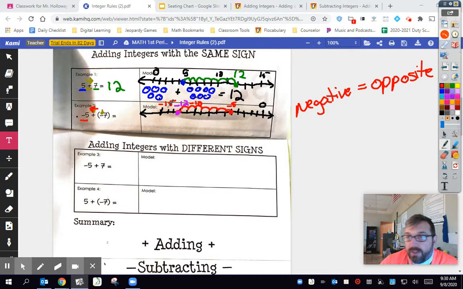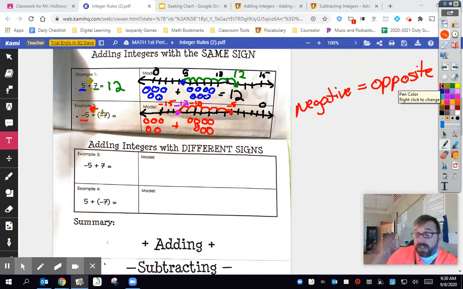Now, I can show this with number counters. I'm going to use red number counters this time because red typically represents the negative. So I have 5 negatives plus 7 negatives. If I'm counting positives, I just count them as is, and life is good.